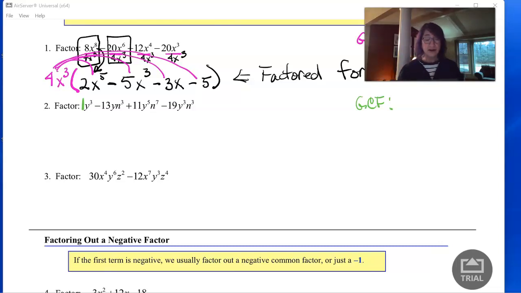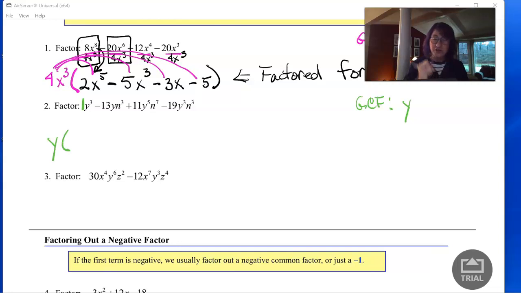So now let's go to the variables. I have a y that's present in all of them. As a matter of fact, y to the first has the smallest exponent. Then I look at my n's. I don't have an n in that first term, so it cannot be part of my greatest common factor. So my greatest common factor is y.